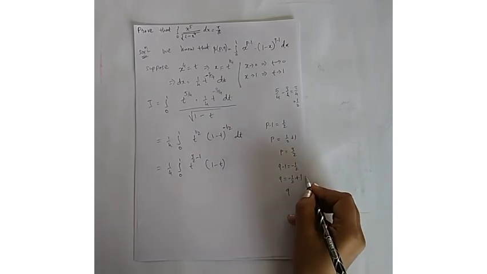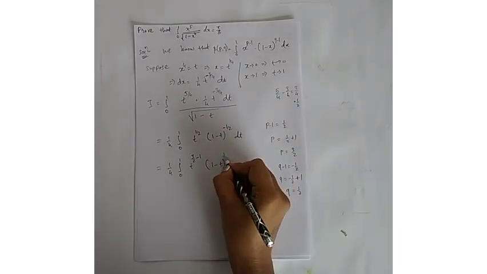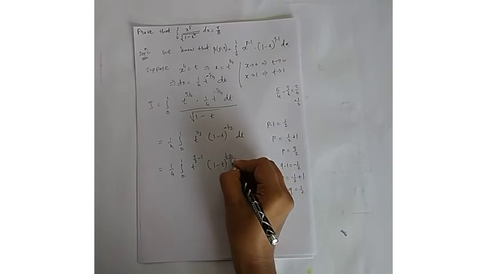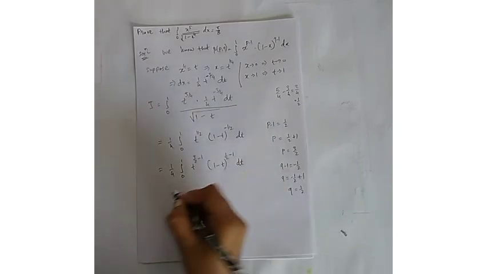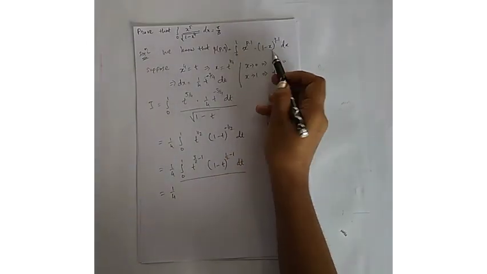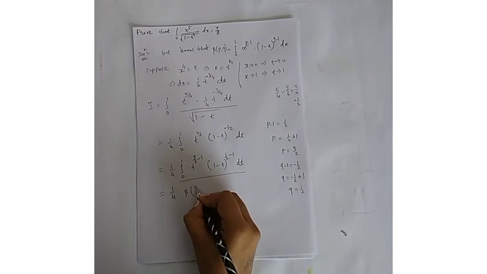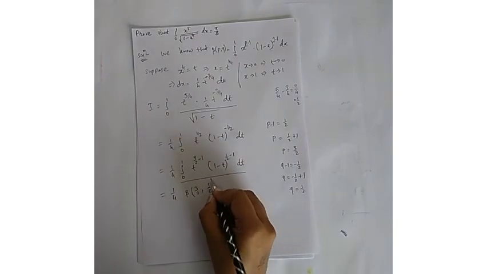So q is equal to plus 1 half. So 1 by 2 minus 1 into dt. So 1 by 4. Right, here is p and q. So beta, my p is 3 by 2 and q is 1 by 2.